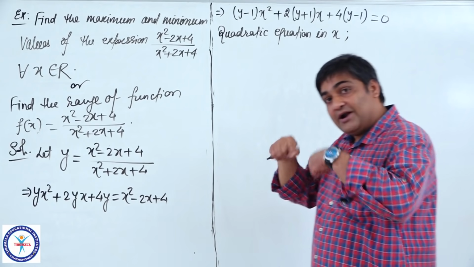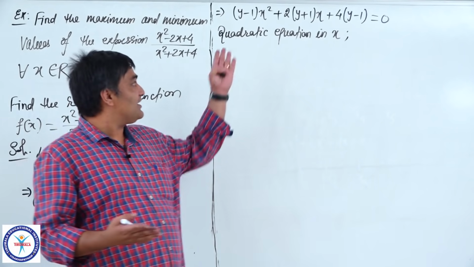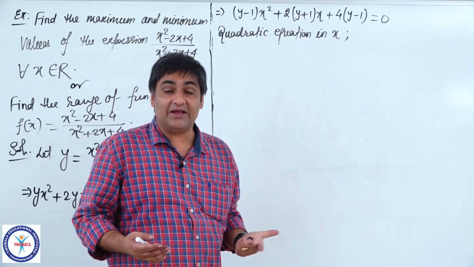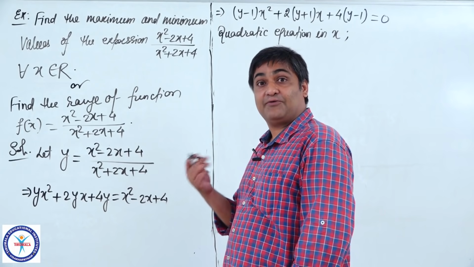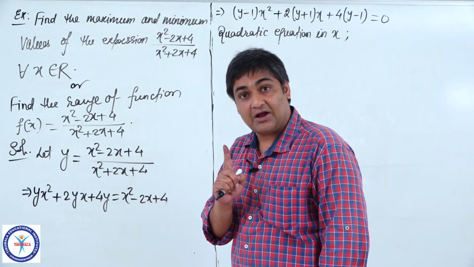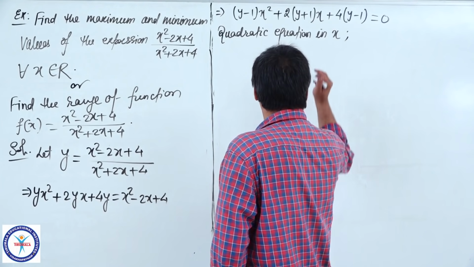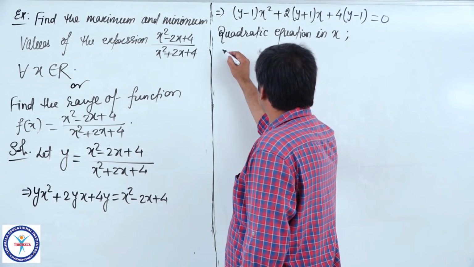So, in a quadratic equation in x, when x is real, what is the condition for x to be real? Discriminant is greater than or equal to 0.